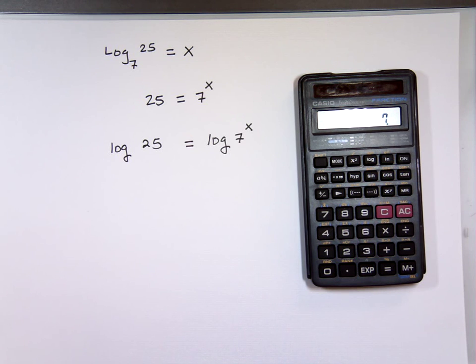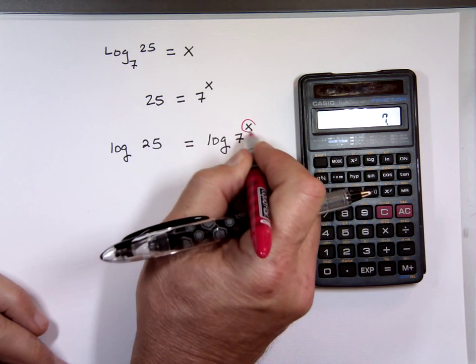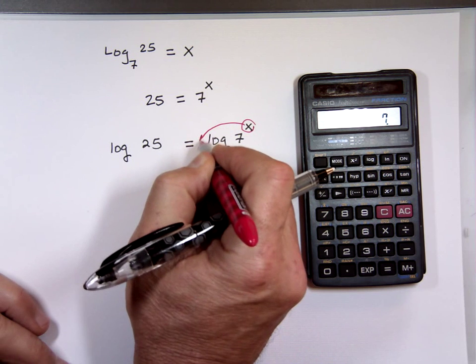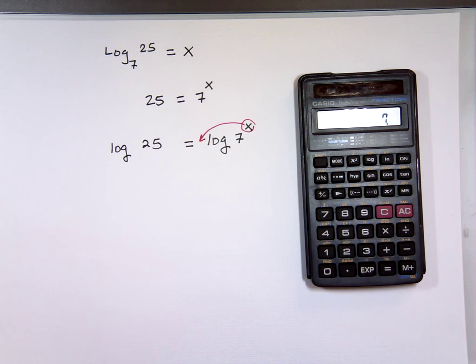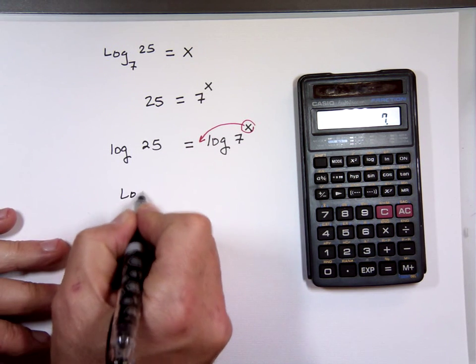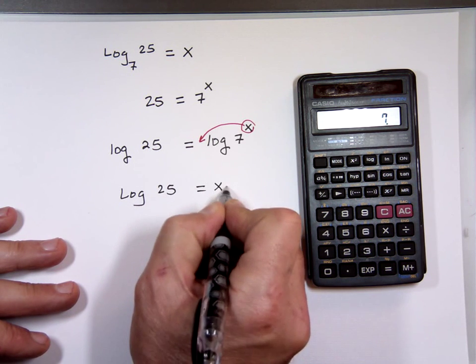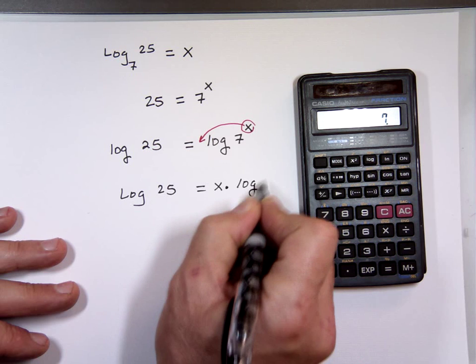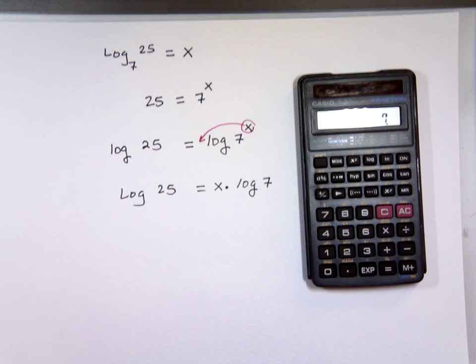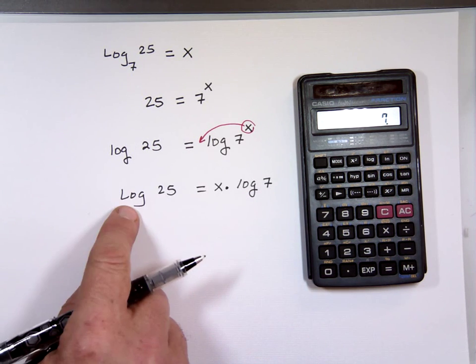So, rule number 6. Remember what rule number 6 was? If you have a power, what can you do with it? Put it in the front. Now, I can't tell you why I write log capital and log small here.